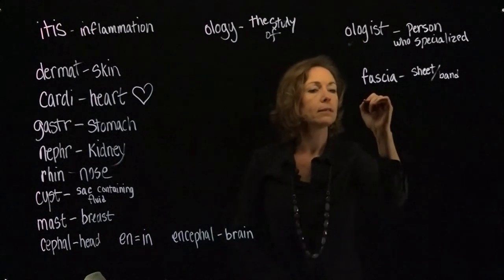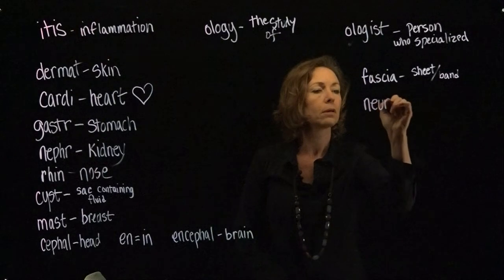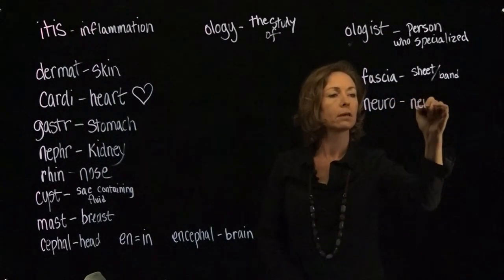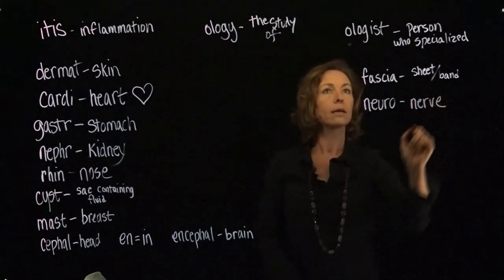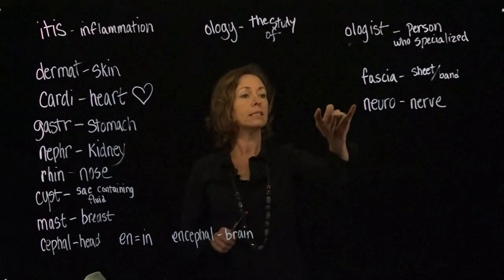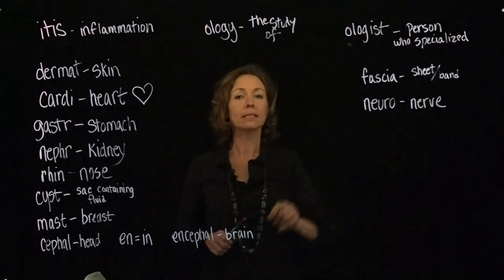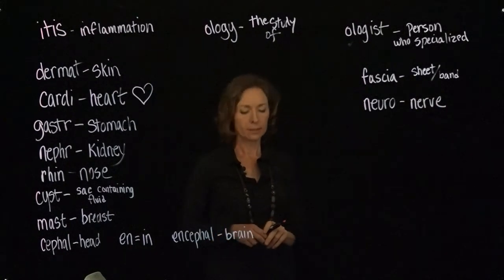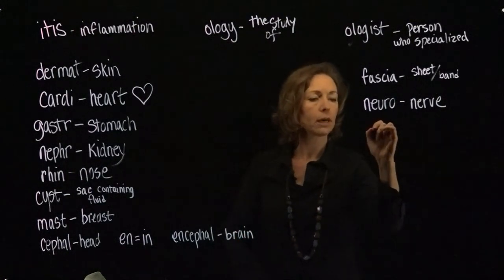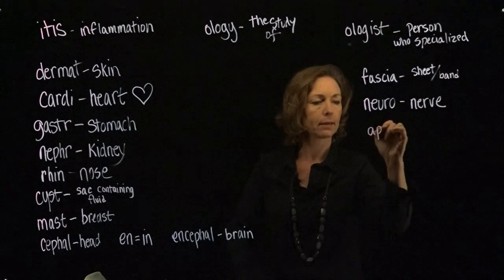The next one is neuro. Neuro means nerve. Maybe you know somebody with seizures and a seizure disorder, and they went to see the neurologist. We're also going to cover, new card, appendix.